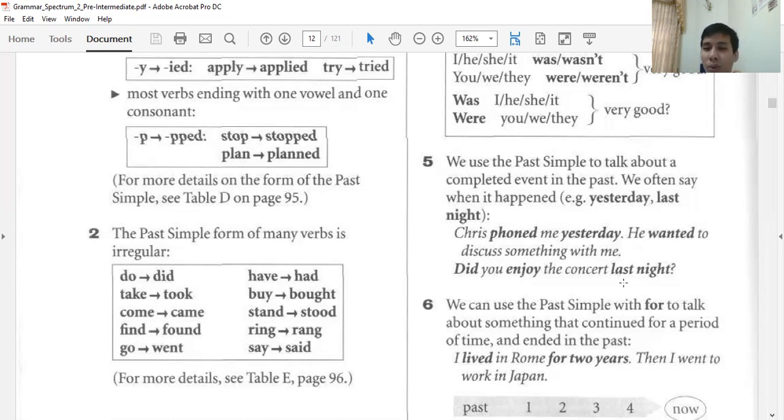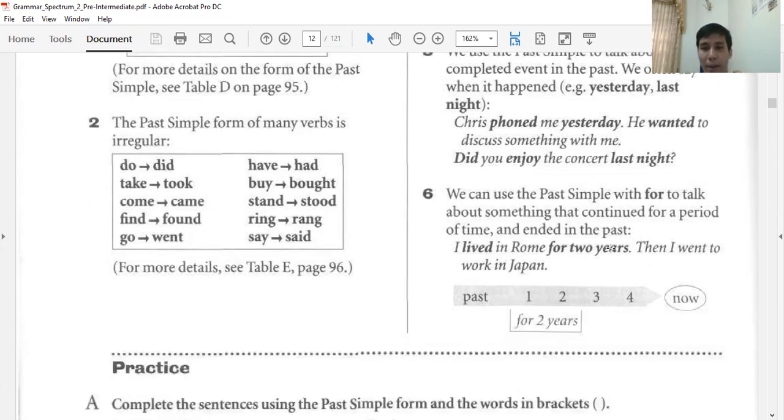Now you slept last night, and then now you are working or studying or doing something. It's about past simple, about the past. You did something last night, and then they ask you whether you enjoyed the concert last night, something that finished already, okay.